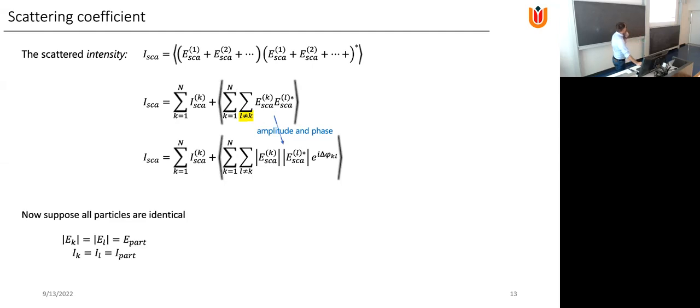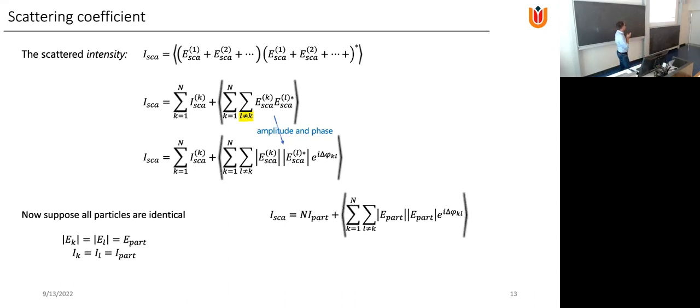Now let's make it a little bit simpler. Suppose that all particles are equal. That would mean that the intensities of the scattered particles are the same. It also means that the magnitudes of the electric fields of the scattered particles are the same. It is just the phase differences between the sets of particles that will be different. So that simplifies the equation a little bit.